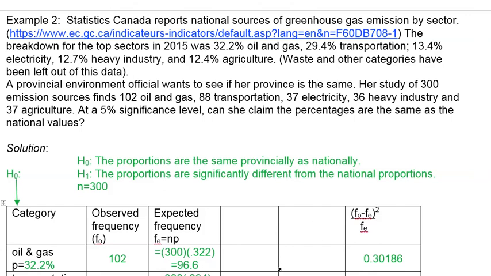I left those 2 columns blank in my example here. You do have them in your sheet if you want to calculate the difference between the two and then square it as a separate calculation. And then we divide that value by our expected, so in this case 96.6. But you can do this whole calculation all at once, so there's not really a need to write down those individual steps.